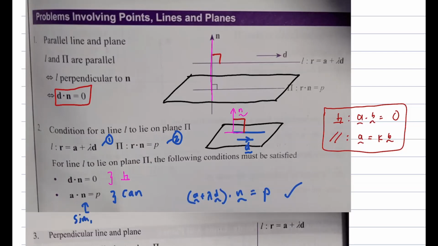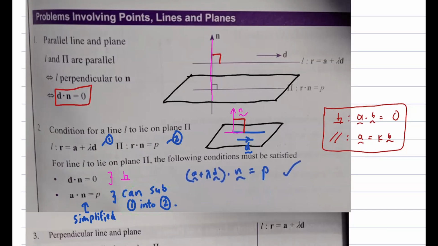The actual reason is because you can substitute 1 into 2. So there are really just two conditions. For a line to lie on the plane pi, meaning that it is on a part of the plane, there is this perpendicular relationship between the normal and the direction vector, as well as you can substitute 1 into 2 and get a solution for lambda.